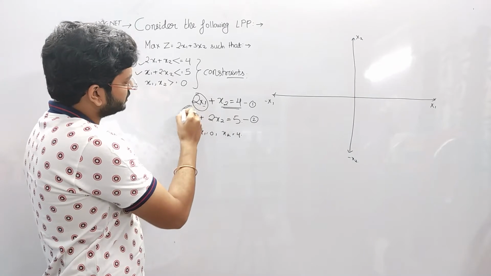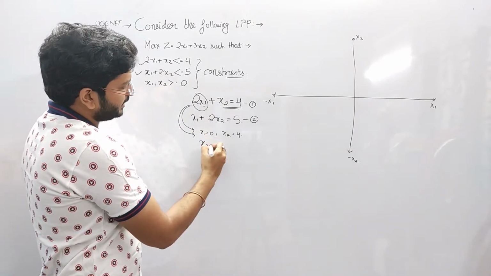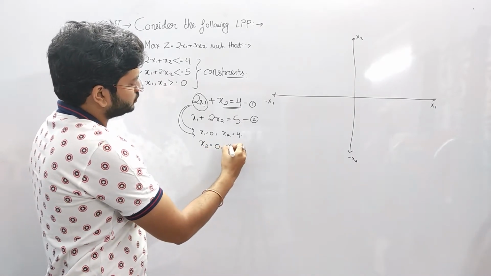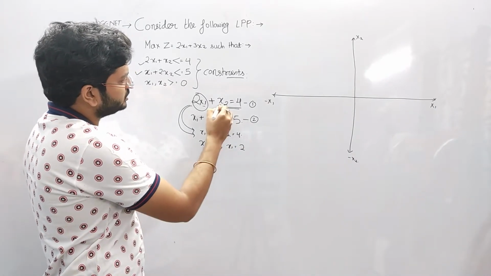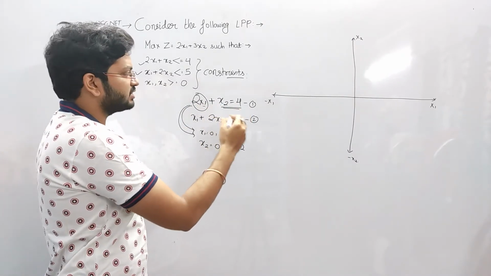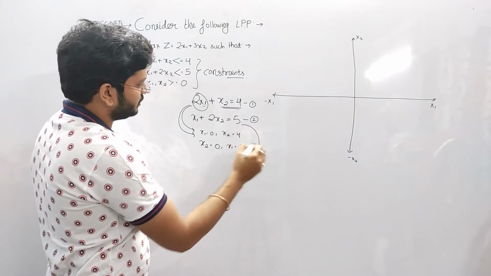Similarly, in the same equation, if I put x2 equal to 0, then x1 will be 2, since we divide that side, and x1 will simply be 2.